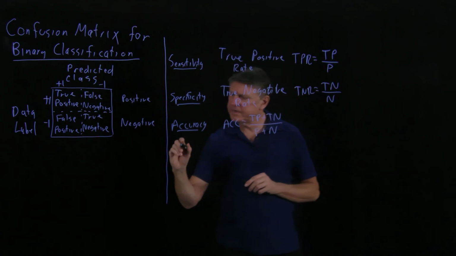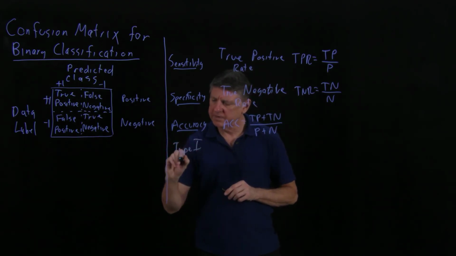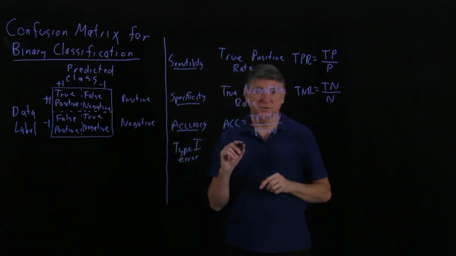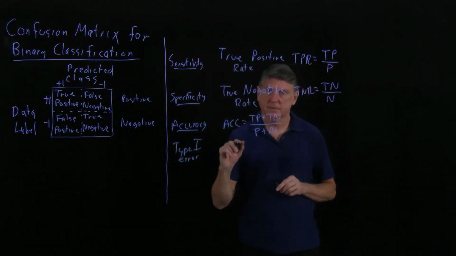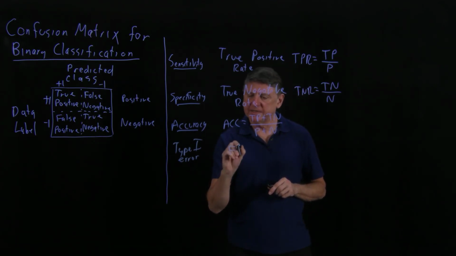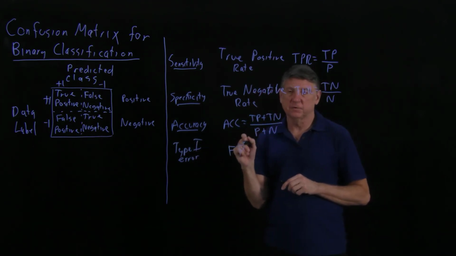A type 1 error, that is the false positive rate. So that can be represented in two ways. One is we simply call that the number of false positives.